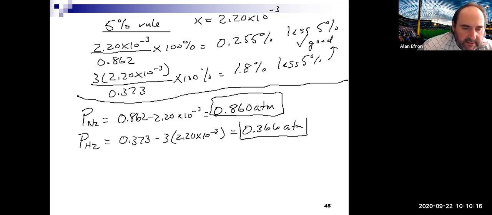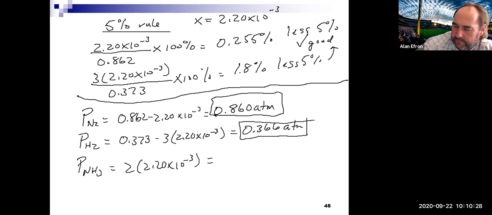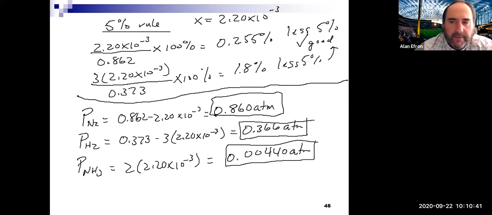And lastly, the partial pressure of NH3 equals 2 times X, so 2 times 2.2 times 10 to the minus 3. Looks like 0.0044 atmospheres as well.